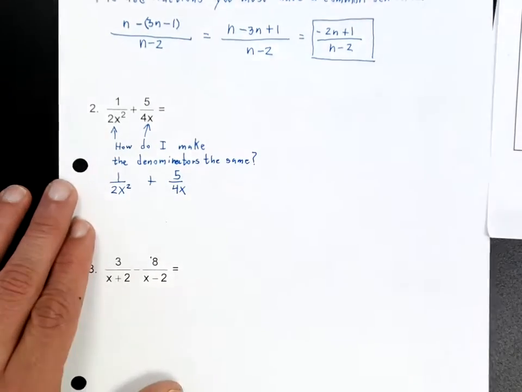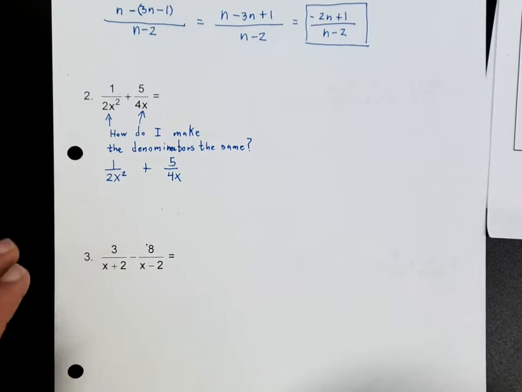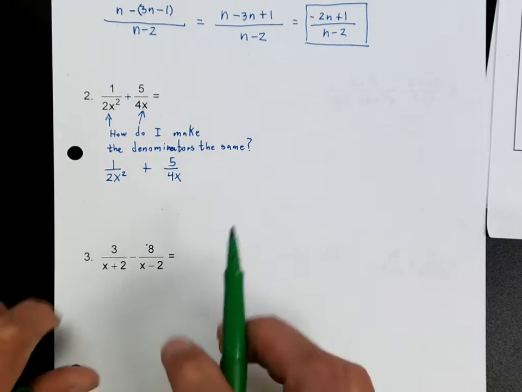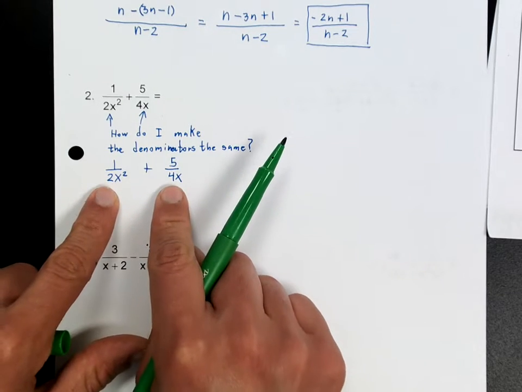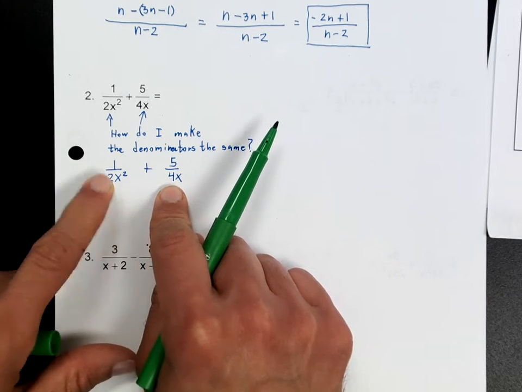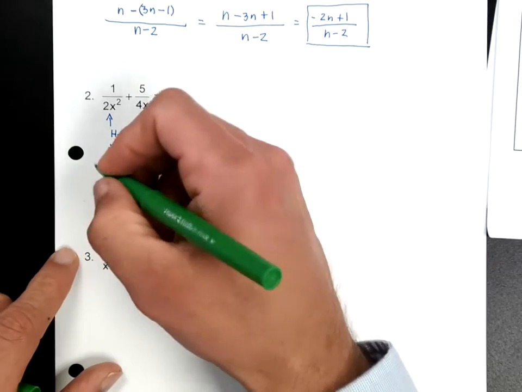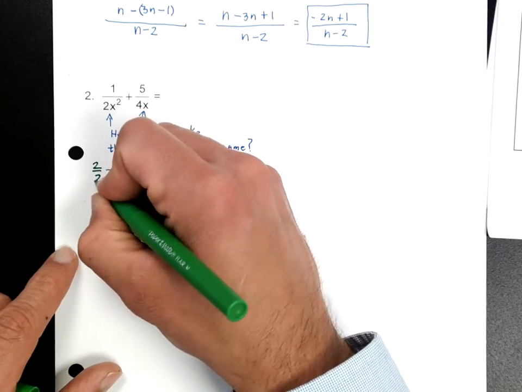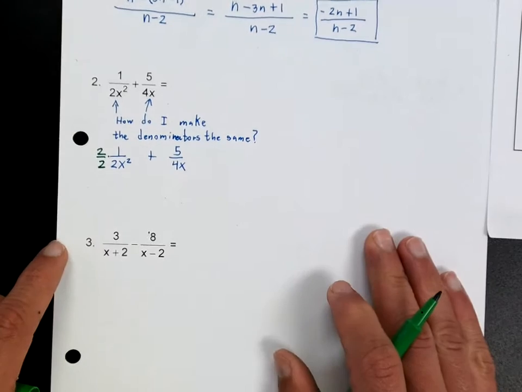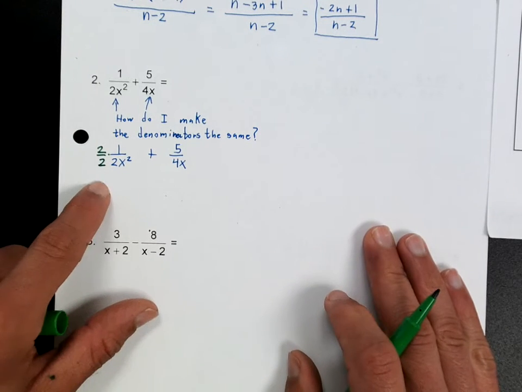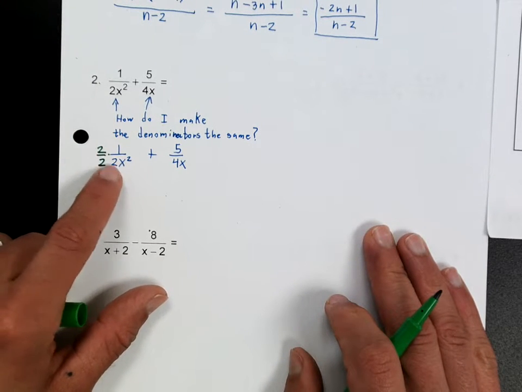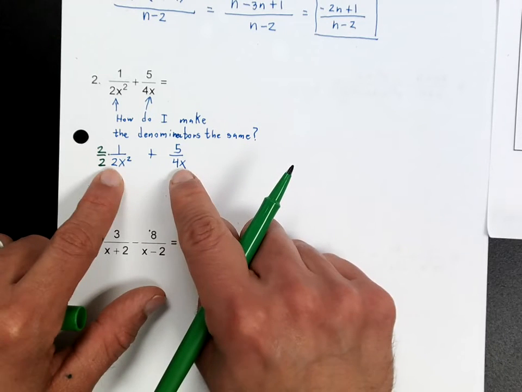Alright, so to answer your question, Austin, almost. Alright, how do I make the 2 into a 4 if I'm only multiplying? Well, I have to multiply this left side by 2, right? Now notice the denominator in this one is going to be 4x squared, and the denominator on this side is just 4x.